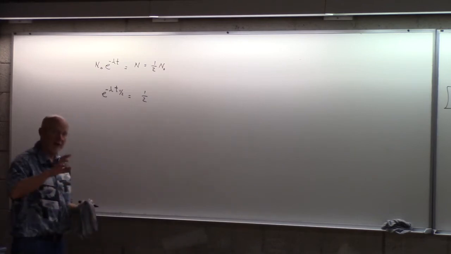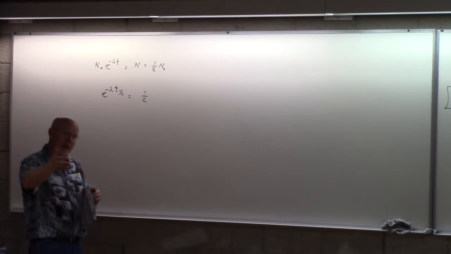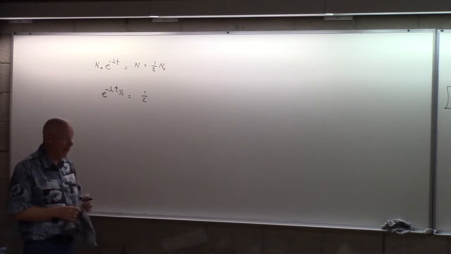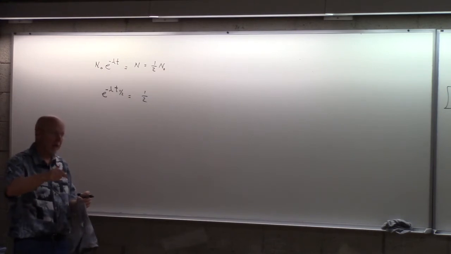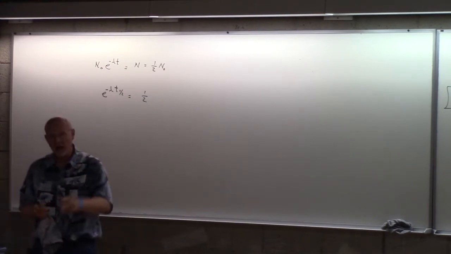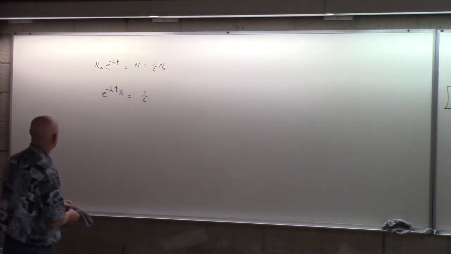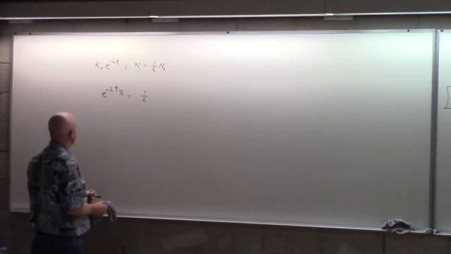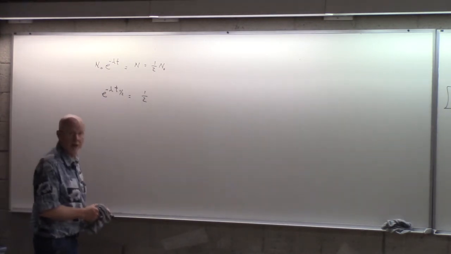So in other words, if I put in what I'm going to call the half-life, how much time does it take before I have half? And I'll point out, I can say half the number of atoms, but I can also say half the amount of activity. Okay. And of course, to solve this, we've got to get it out of the exponent.